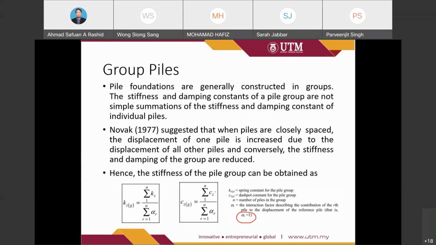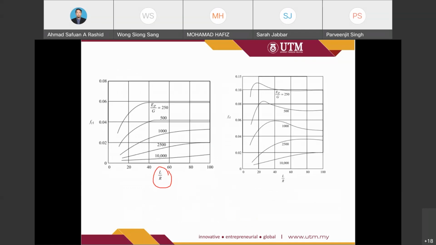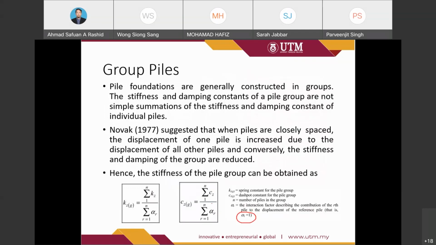The CZ is obtained from the normal equation here, and later on we need to divide by the alpha r to get the CZ and KZ as a group.